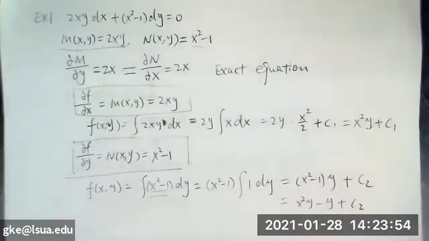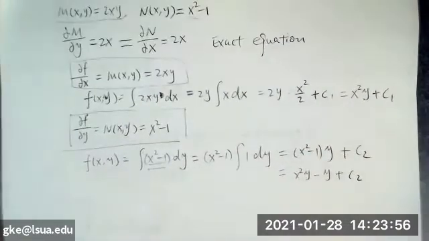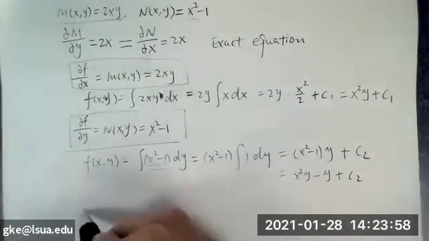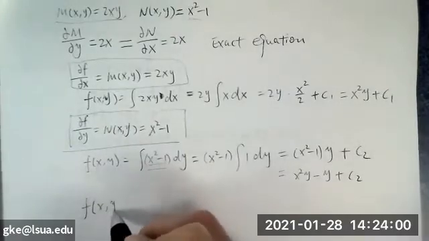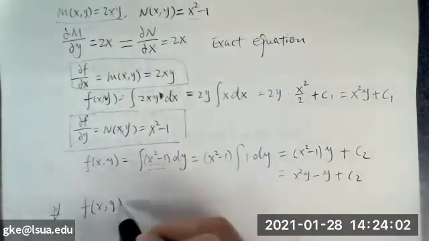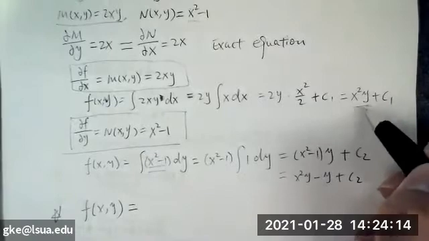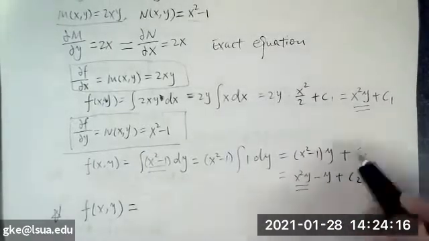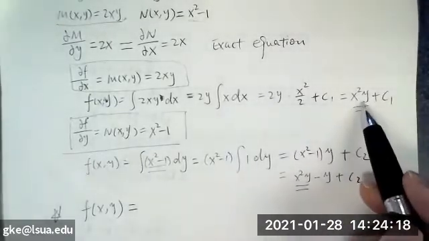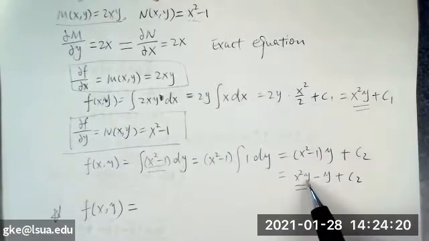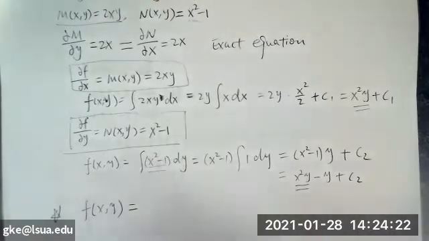So what is f(x,y)? Now we're going to do the combination, and this is the key part. We do the combination to find the function f(x,y). Here we have a common term: we both have x squared y and x squared y. So we just pick one term.